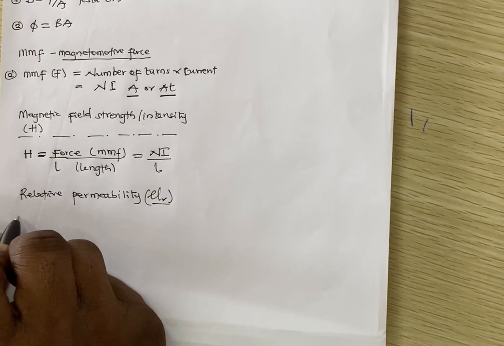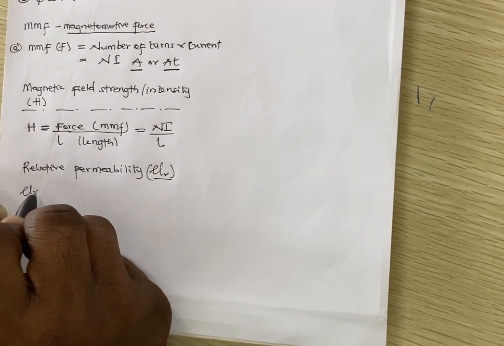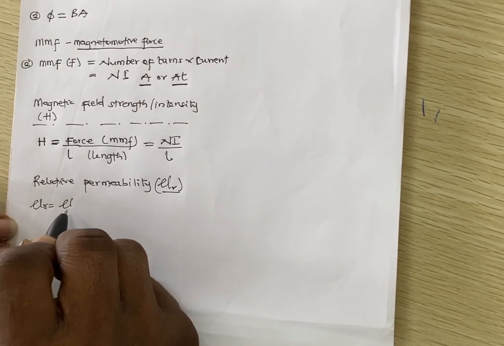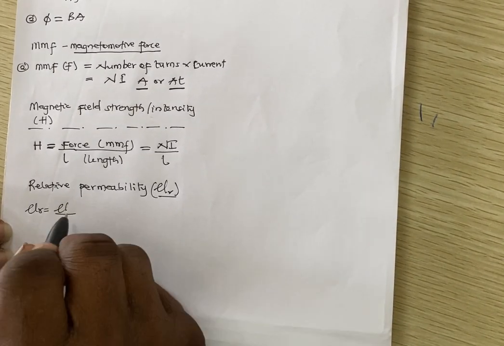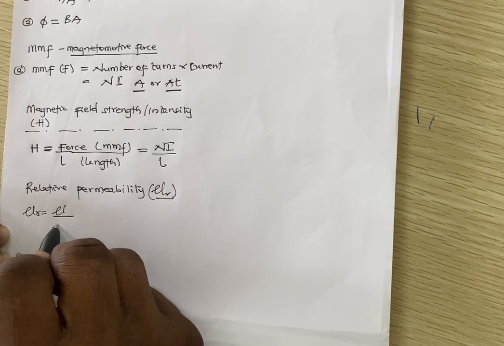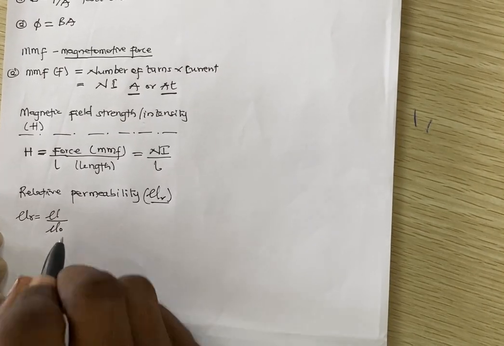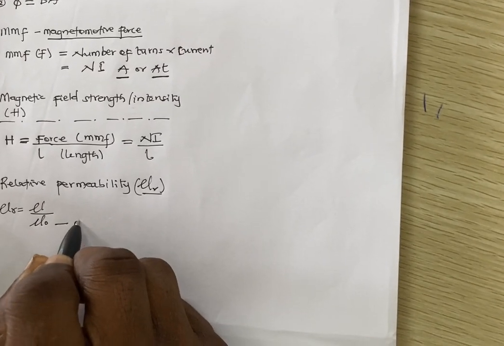Mu r is the permeability of a medium, or absolute permeability, to the permeability in free space. So this is the permeability in free space.